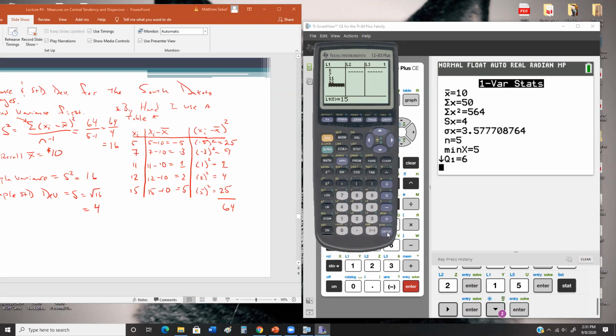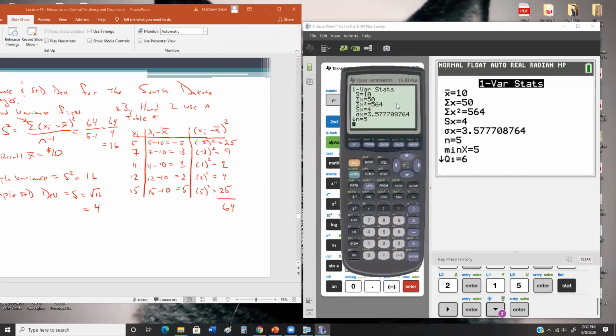Then when you press the stat button again, under calc, it's the same option, number 1. The only difference is it asks, do you want 1 var stats? Then you just hit enter again, and you can see it's the same stuff here. Does that help, Paulina?